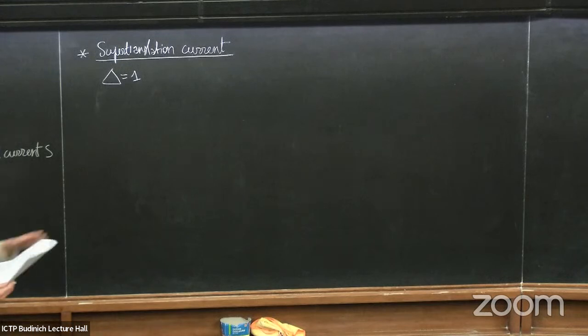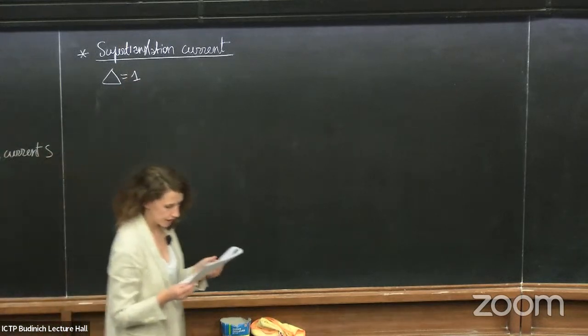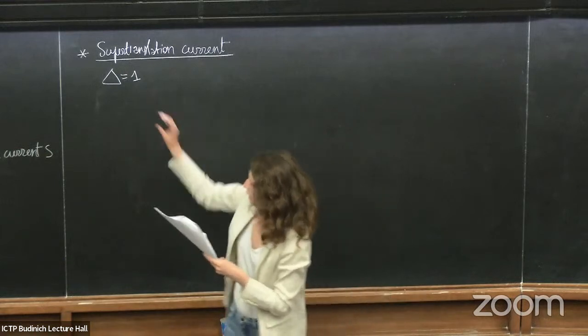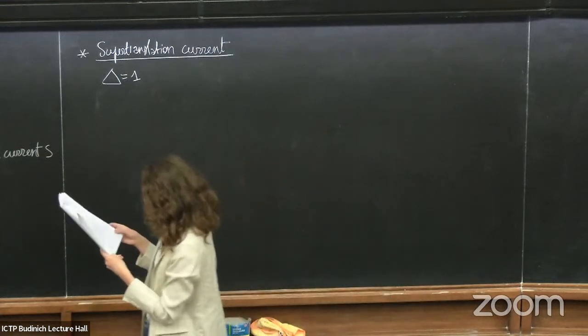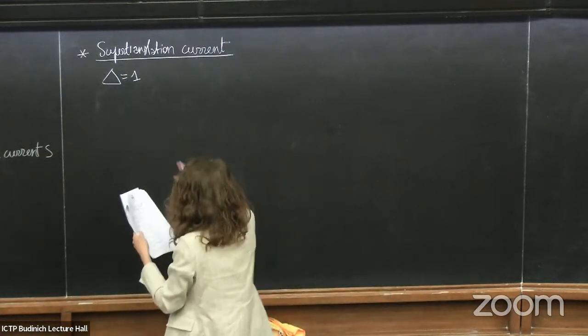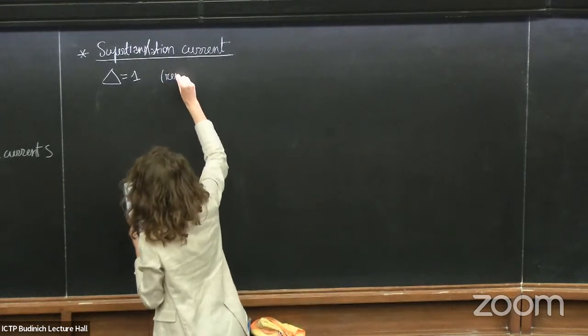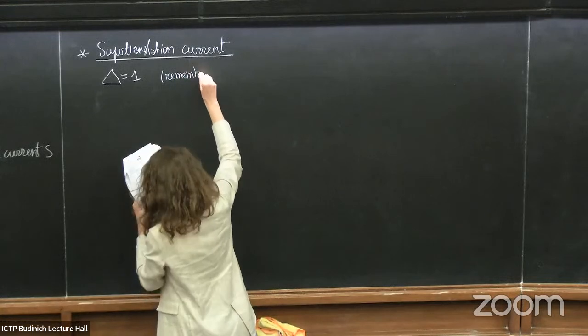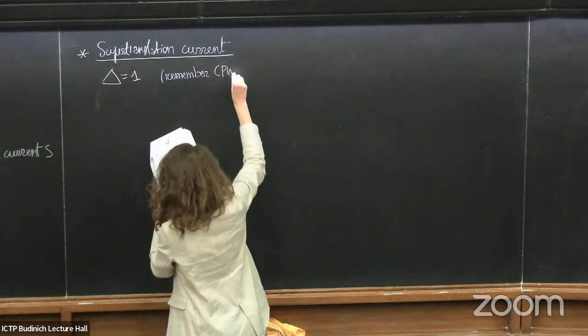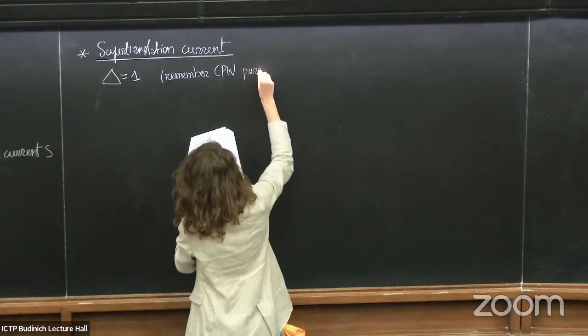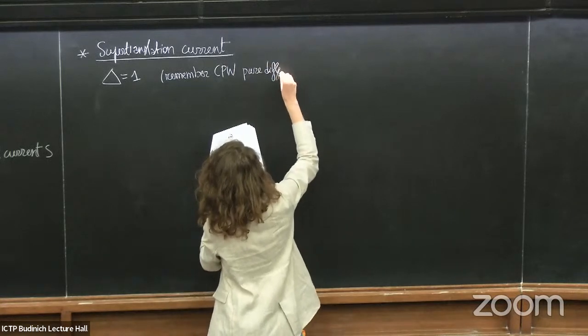And indeed, the supertranslation current in celestial CFT is a celestial object which has conformal dimension equal to 1. So remember, there was the conformal primary wave function that was a pure diffeo for this value.